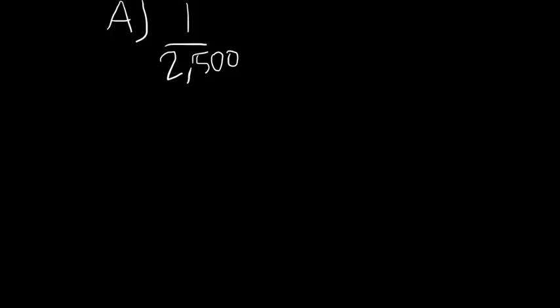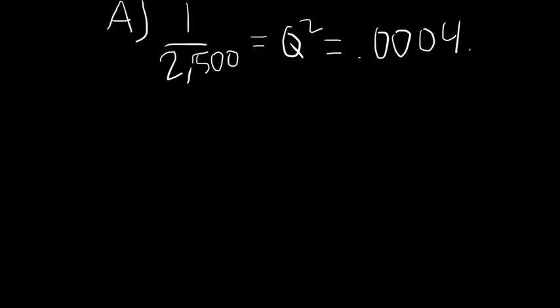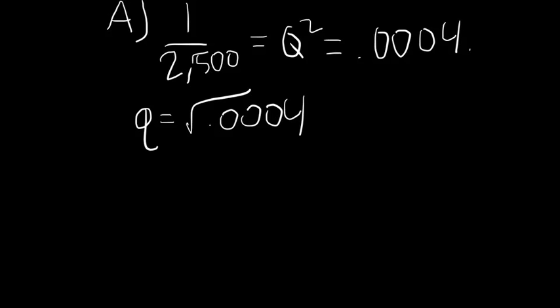This is our recessive genotype, so that gives us q squared, which equals 0.0004. Then, since we're finding the allele represented by q, we have to take the square root of 0.0004, and that gives us 0.02.